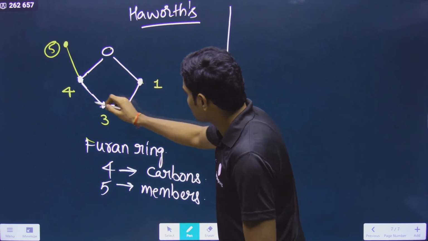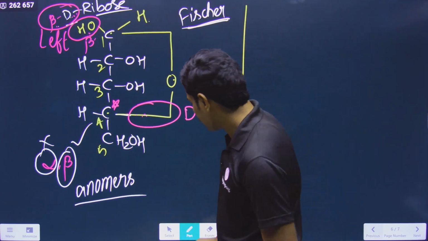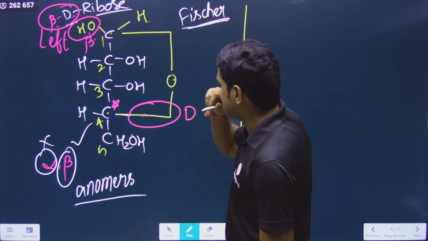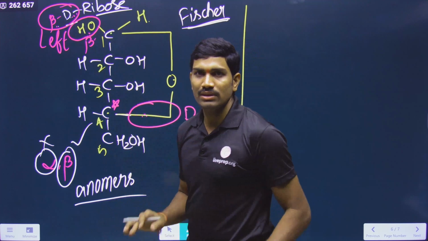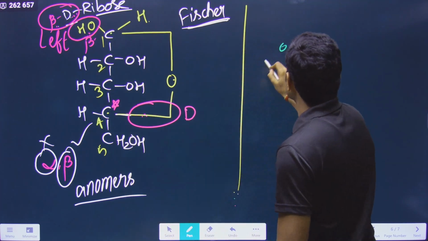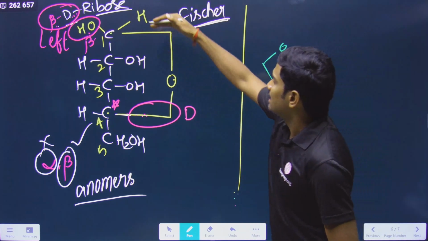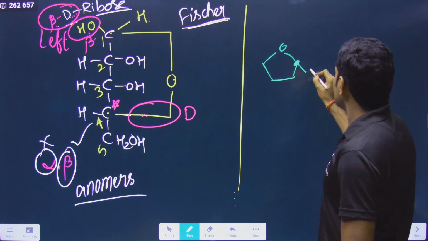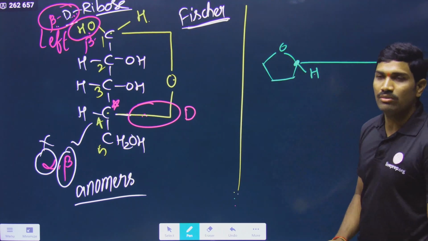Now for the remaining things, how we represent them, this information is very important, observe carefully. For the first carbon, right side H, left side OH, please remember. When you are converting this into the ring, observe carefully, this is the carbon suppose. Right side information should be written below the plane, suppose this is the plane, you should write it below the plane.